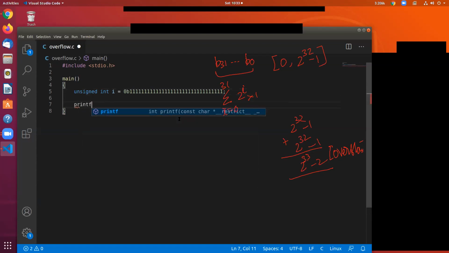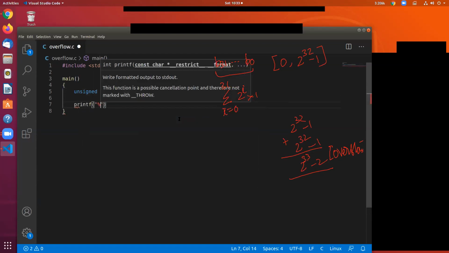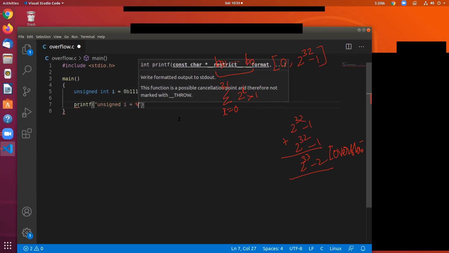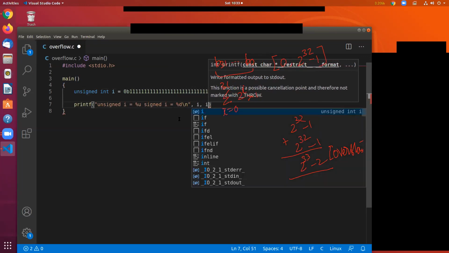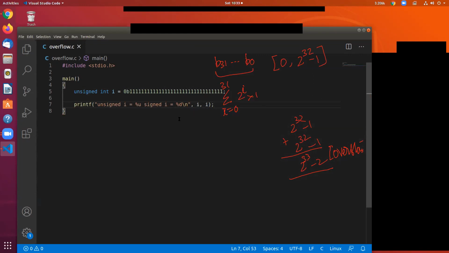Let's say I print this: unsigned I is equal to %u and signed I is equal to %d, backslash n, I. When you say 0b, whatever comes after that, we are directly assigning a binary thing.